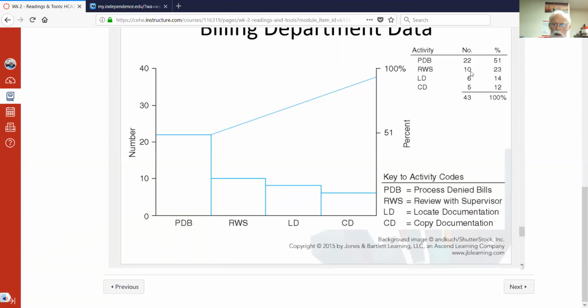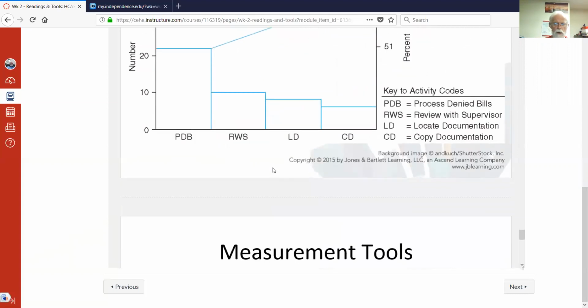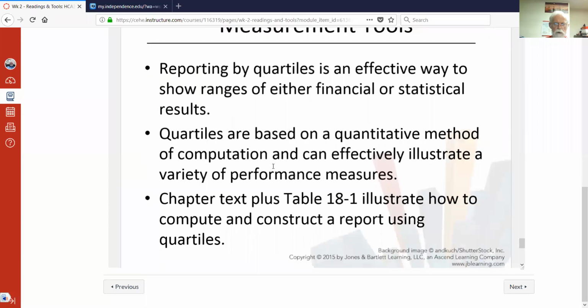How can we reduce that so that we can get the payment? Then there are some smaller ones that we may or may not be able to influence, such as locating and documenting the problems. So 74% of the problems are in these two activities, and we want to look at how we can cut those down.